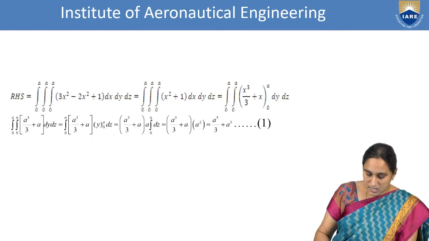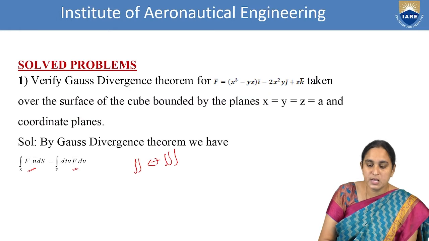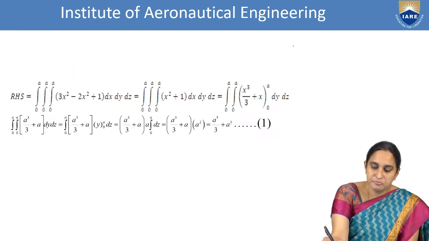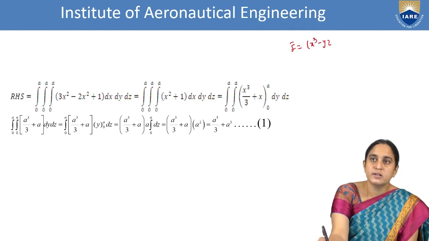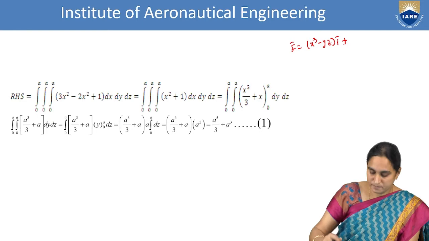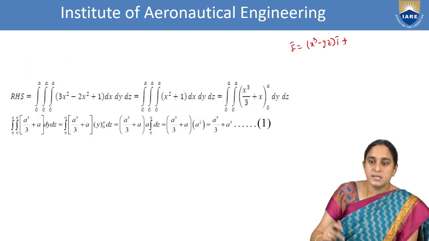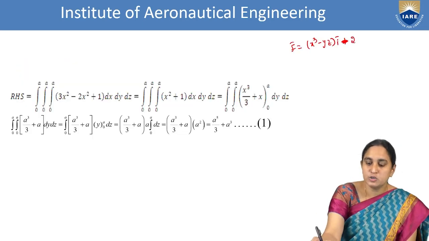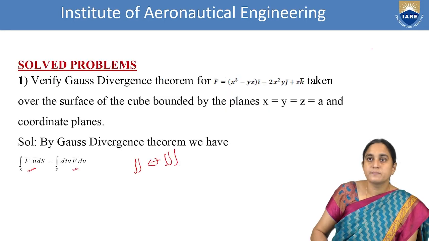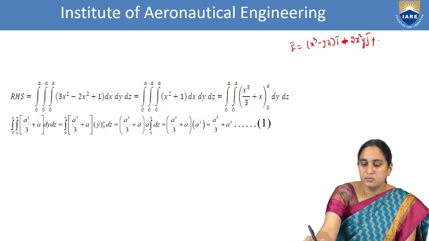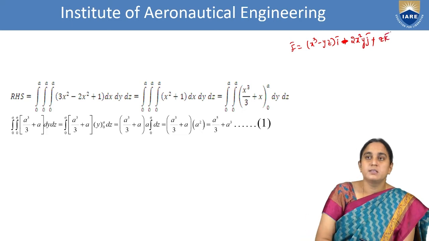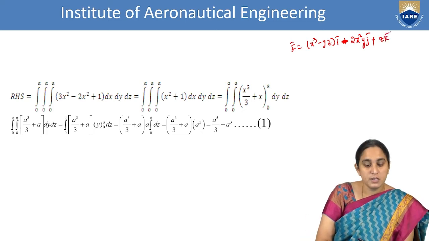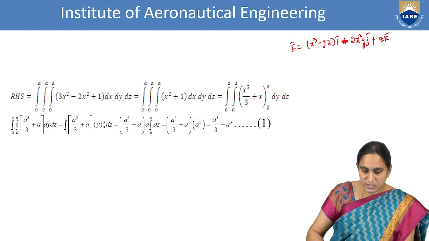The given function is f bar is equal to (x cube minus yz) i bar minus 2x square y j bar plus z k bar. This is the given question. And what are the limit points for that?